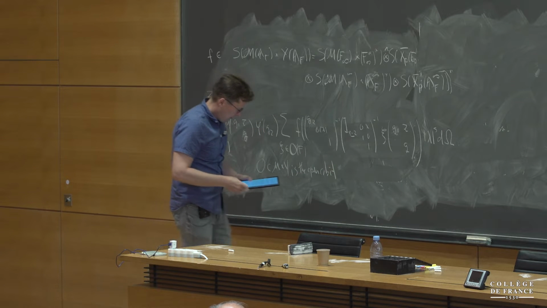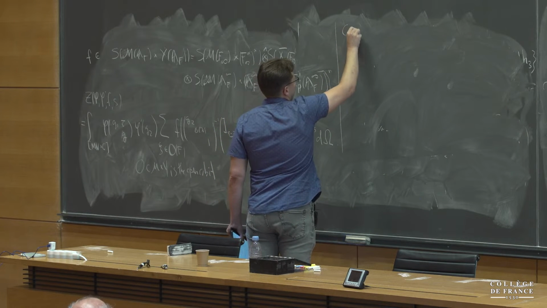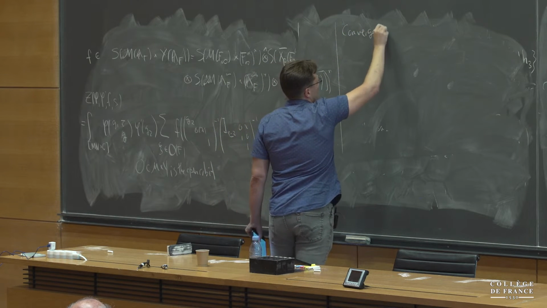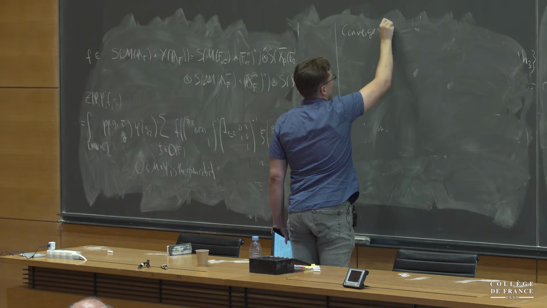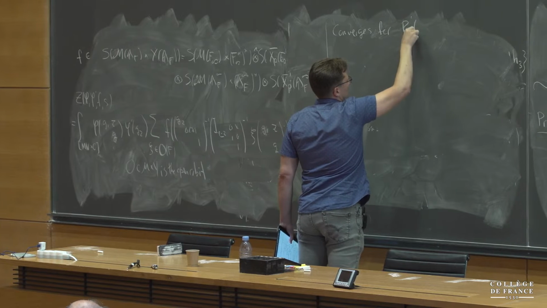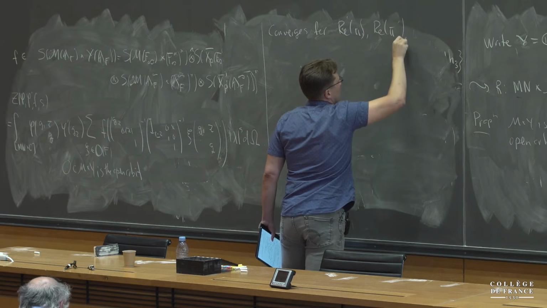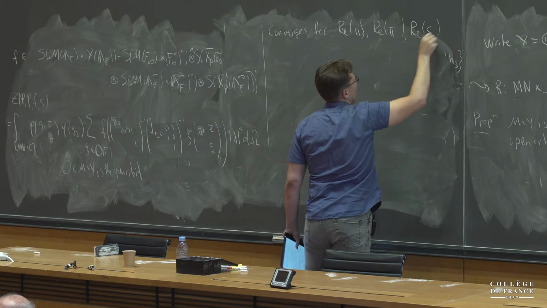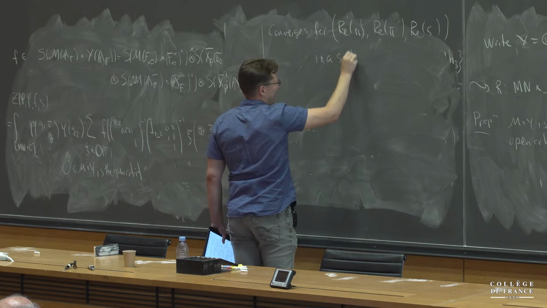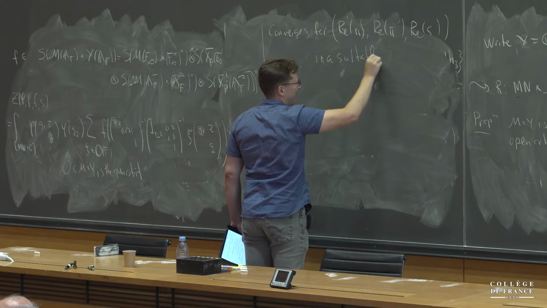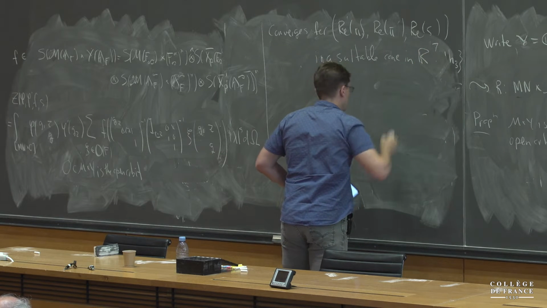And this converges in a suitable cone, maybe for real part of pi, real part of pi prime, and real part of S in a suitable cone in R to the 7th. Okay?